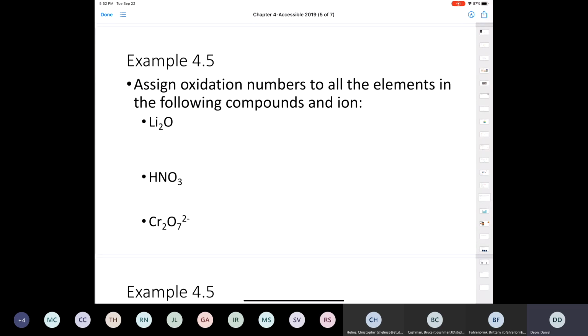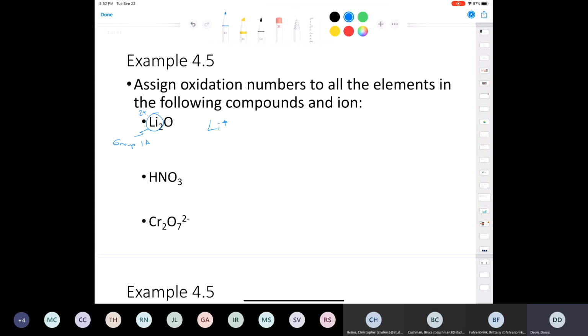This question says, assign oxidation numbers to all the elements in the following compounds and ions. So we have lithium oxide. Lithium is from group 1A, and so lithium is going to be +1. There's no exceptions to that. Now, if I have 2 lithiums, I have a total charge of 2+.